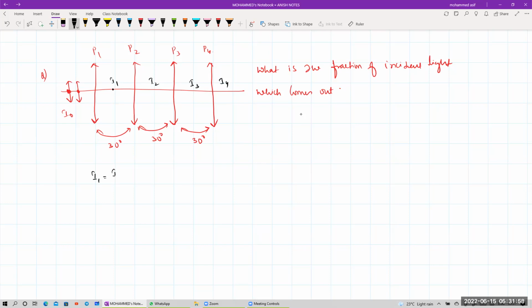I1 value will be I0 by 2, directly passing. I2 will be equal to how much? I1 into cos square 30 degrees. So I2 will be I0 by 2 into cos 30, which is root 3 by 2, whole square. That means this will become 3 times I0 divided by how much?